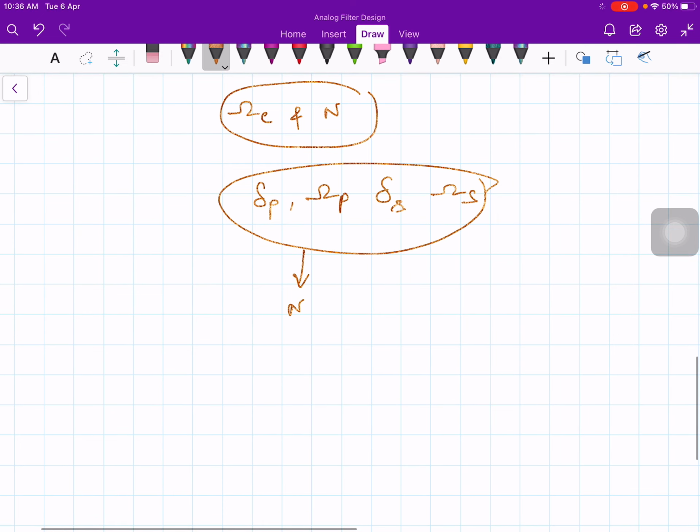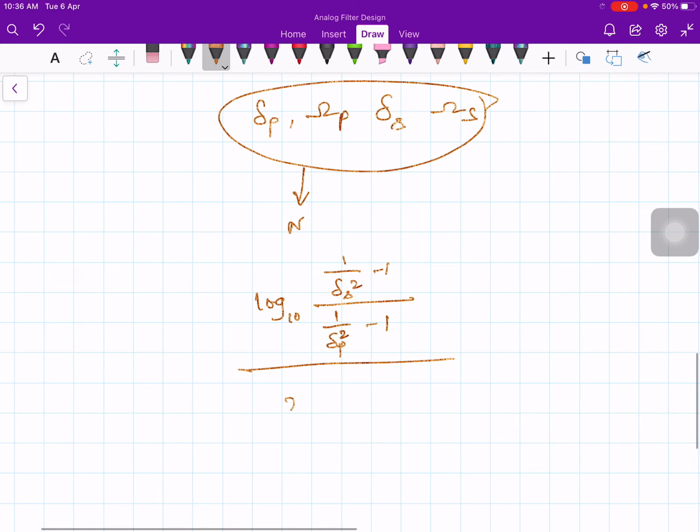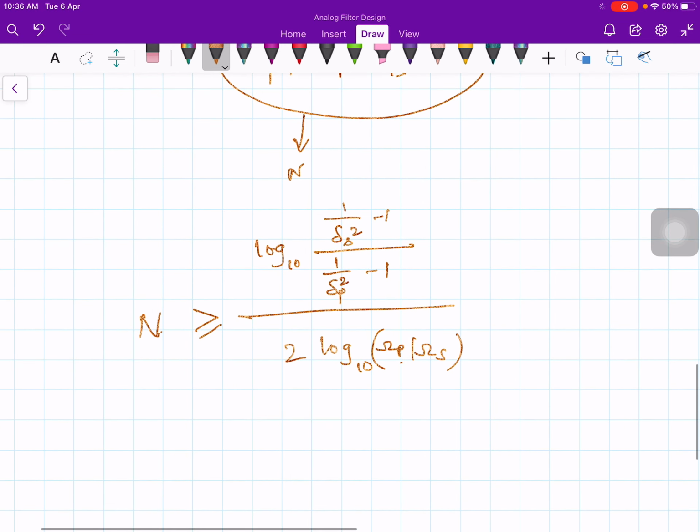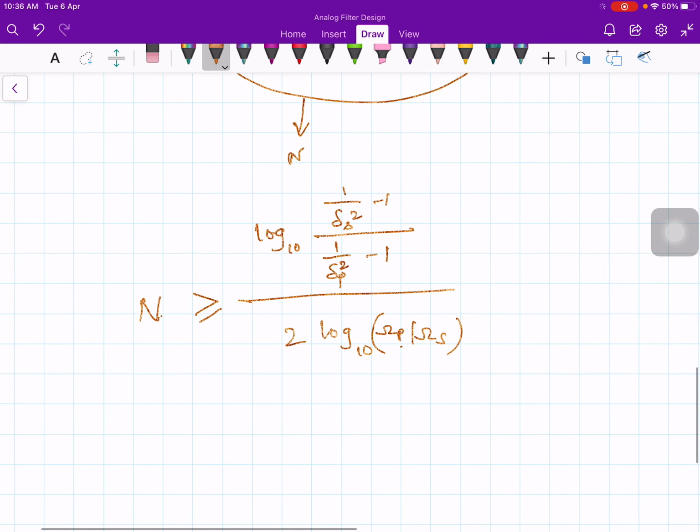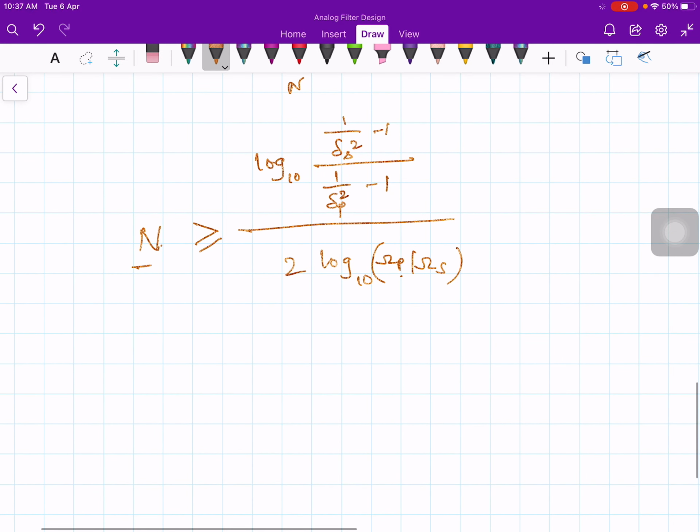Okay, so as I said, log to the base 10 of (1 over delta S squared minus 1) divided by (1 over delta P squared minus 1), right, whole divided by twice log to the base 10 omega P divided by omega S, and this whole quantity must be less than or equal to capital N. And this formula that you derived is very easy to prove.